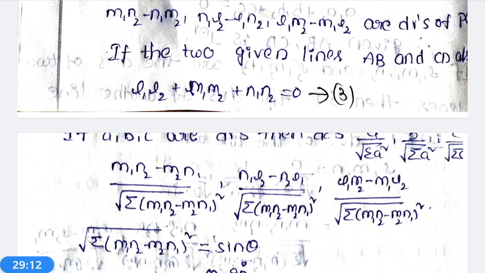If A, B, C are DRs of the line, then DCs are A by square root of sigma A square, B by square root of sigma A square, C by square root of sigma A square. That is A. What is A? M1 N2 minus M2 N1. What is B? N1 L2 minus N2 L1. What is C? L1 M2 minus L2 M1.